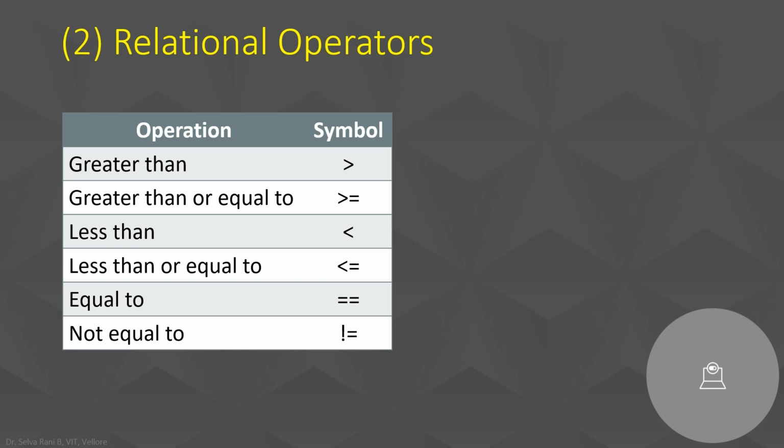The second type is relational operators. Relational operators are used to help identify the relationship between two values. These are greater than, greater than or equal to, less than, less than or equal to, equal to, and not equal to. These operators are also binary operators which need two operands: operand 1, operator, operand 2.